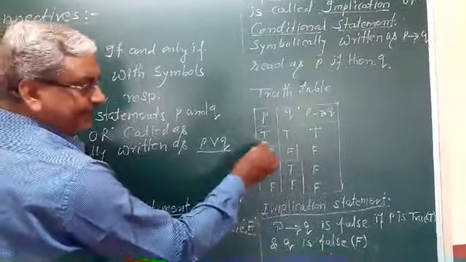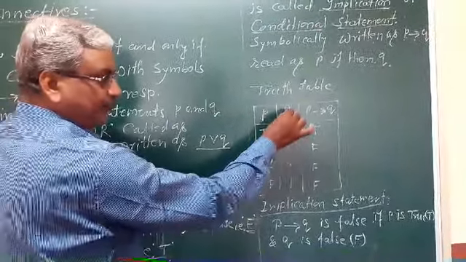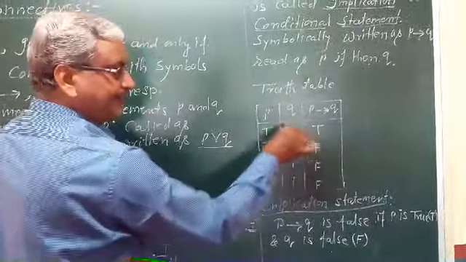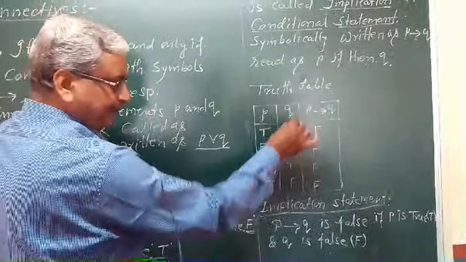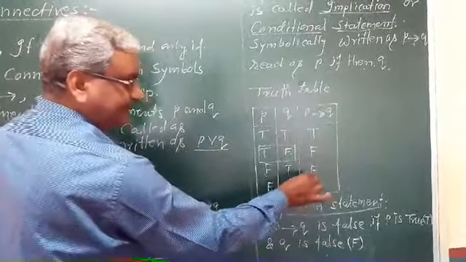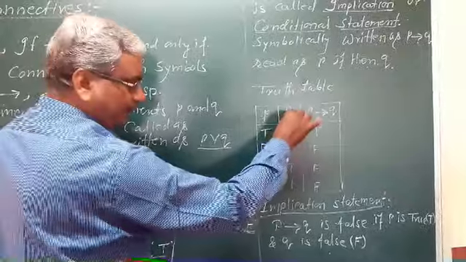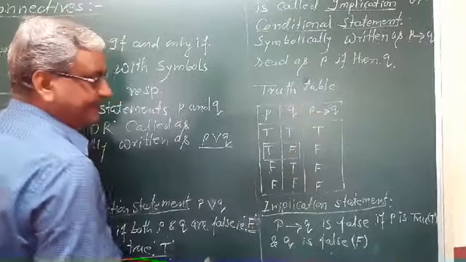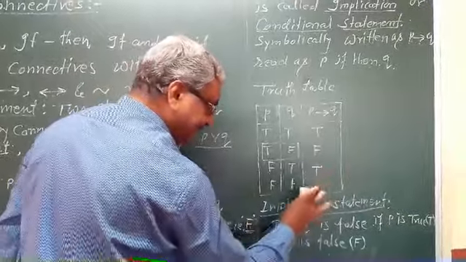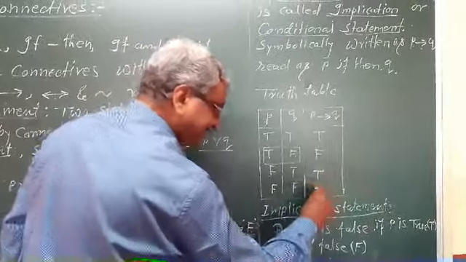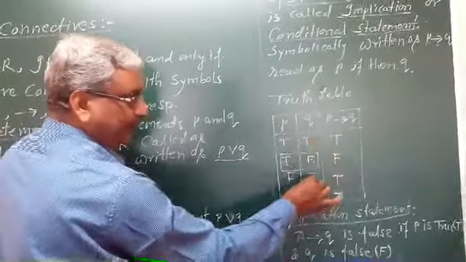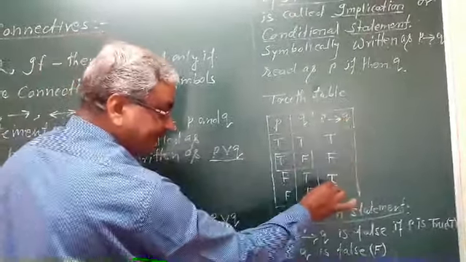You write here: P is true, Q is true, then P implies Q is true. P is false, Q is true, then P implies Q is true.